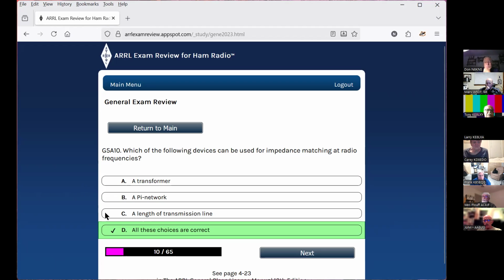A length of transmission line, if the characteristic impedance of a transmission line is different from the impedance at one end than the impedance at the other end, will look different unless the transmission line is electrically some multiple of 1/2 wavelength. But transmission lines that are not matched to the impedance at one end can be used to transform that to a different impedance at the other end.